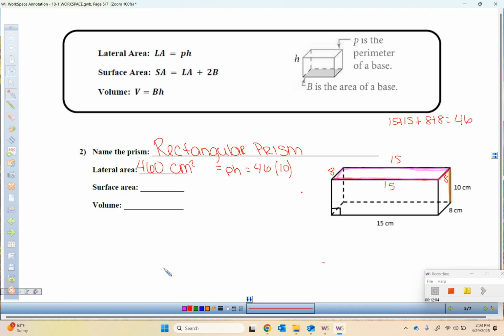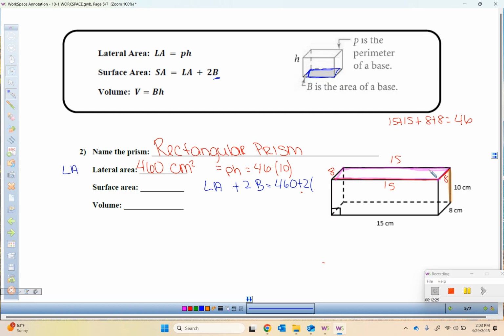Okay. My surface area, and let's look at my formula. My surface area is my LA plus 2 big B. So my LA is right here. Remember, this is LA. So it's simply 460 plus 2. And now I need to find out what this big B is. Okay, big B is the area of the base.